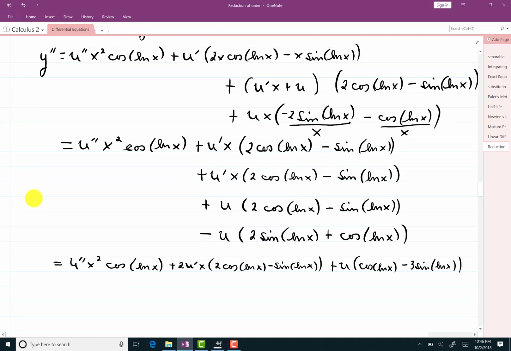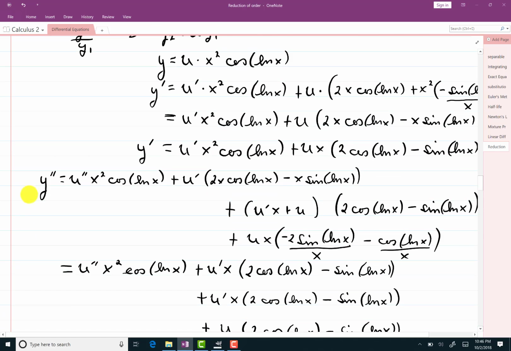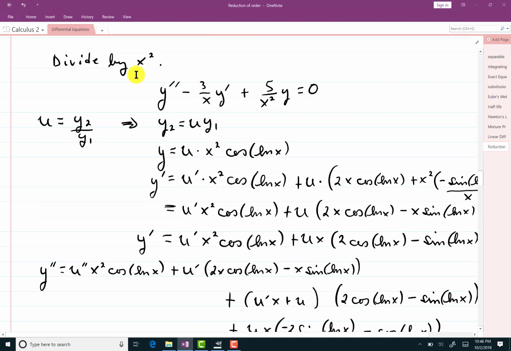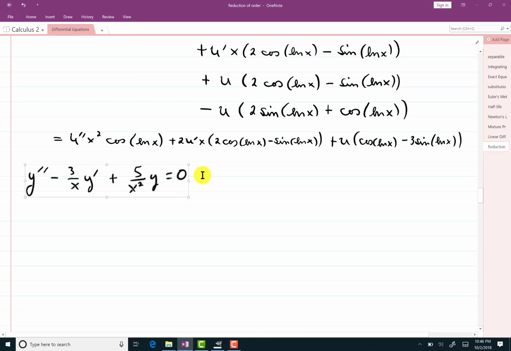Let's go back and see where the original equation was. There it is. Alright, let's go ahead and plug in y double prime. So I'll have to write all this stuff again. And I think I can just copy it.